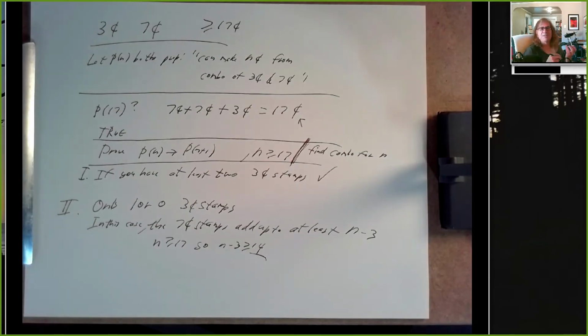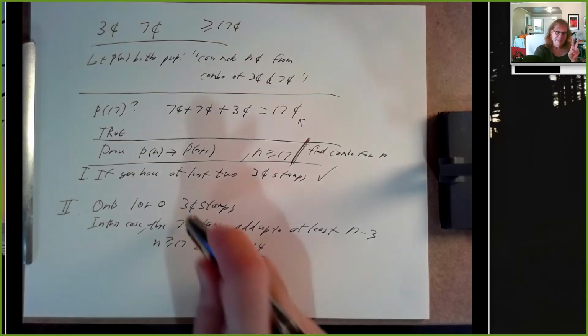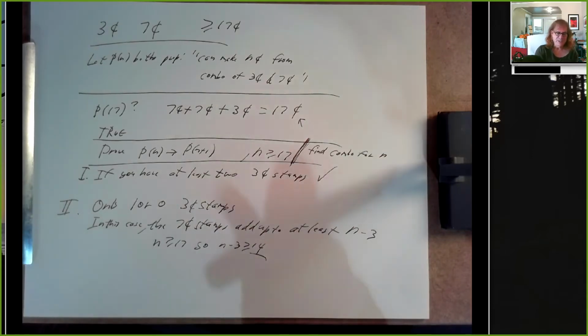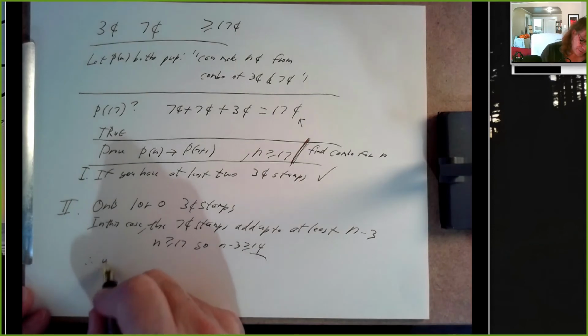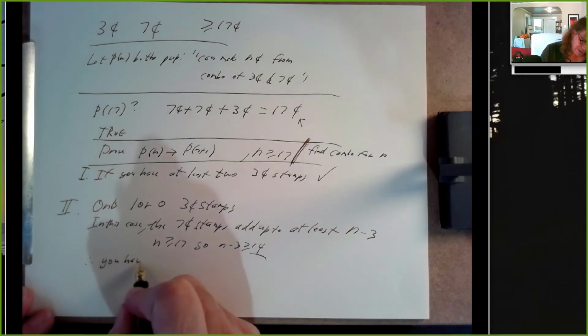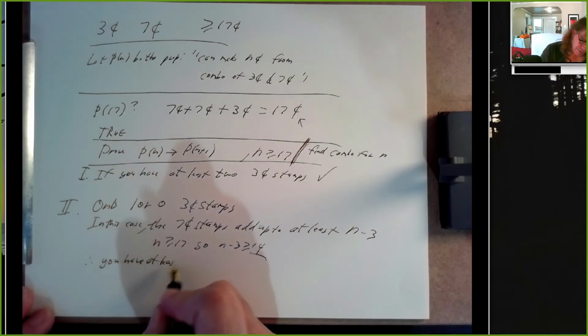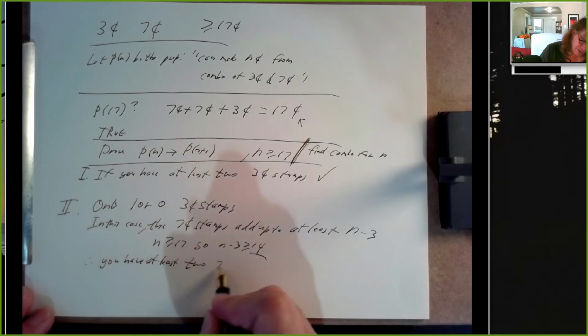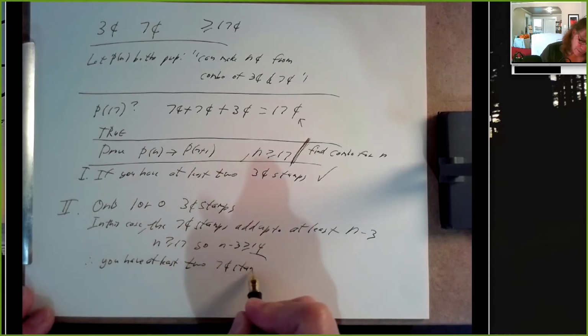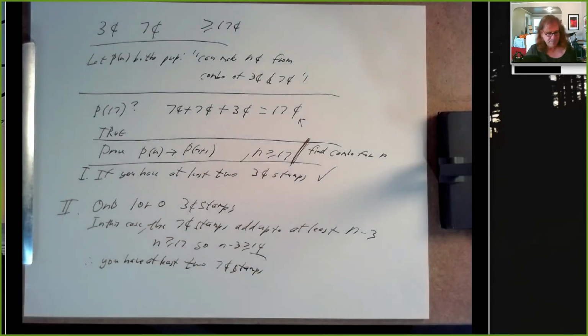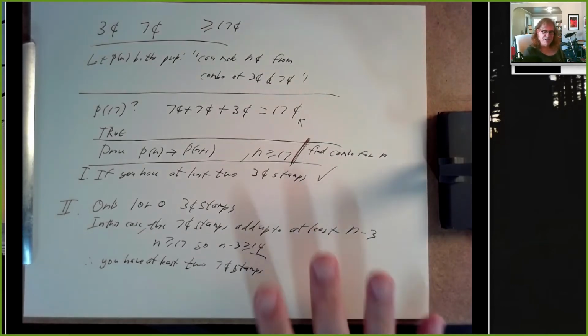Well, if you have a set of 7-cent stamps that add up to at least 14, how many stamps do you have? At least 2. Our 7-cent stamps add to at least 14. Therefore, you have at least 2 7-cent stamps. These are things that are easy to state.